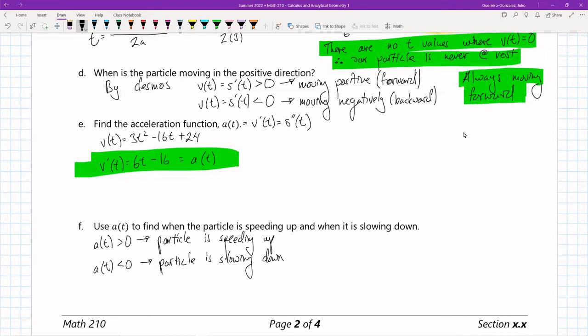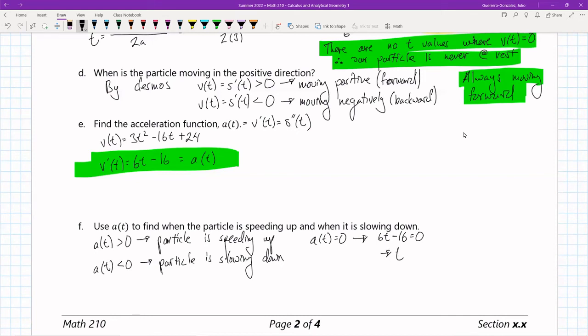So how do we find this point? We know what the acceleration is. Let's first find when a of t is equal to 0. That means we need to find when 6t minus 16 is equal to 0.